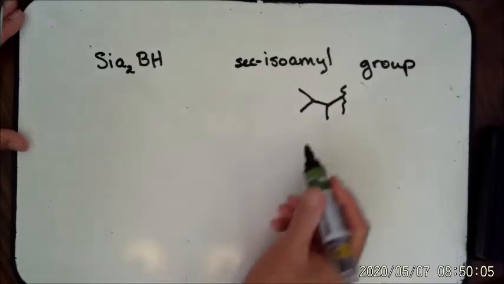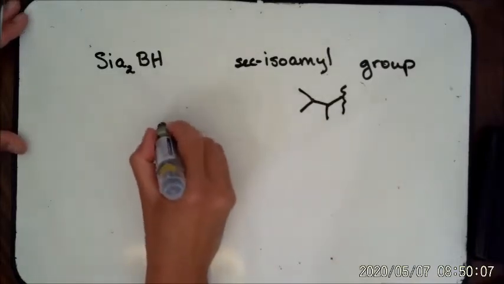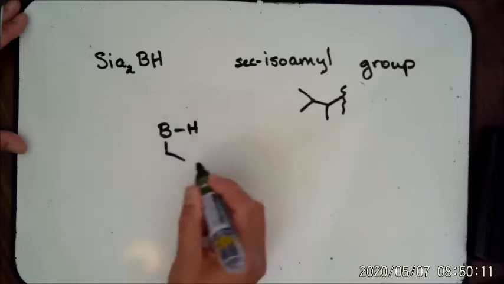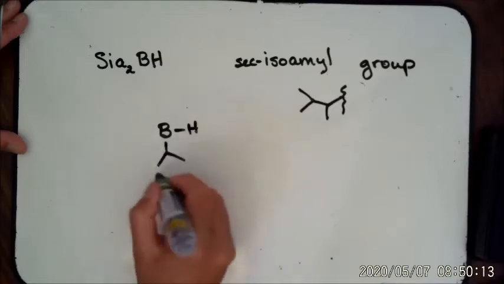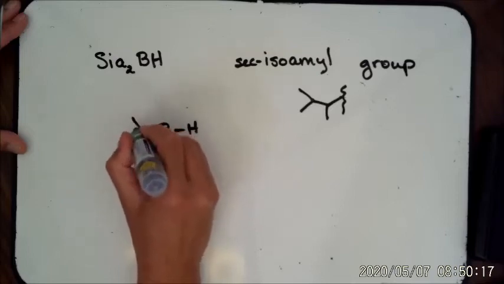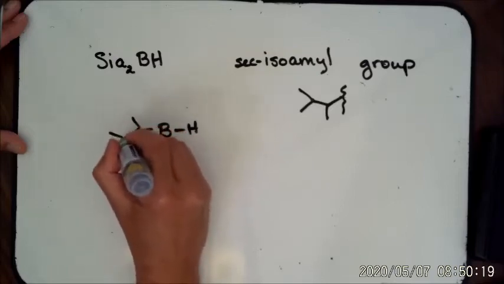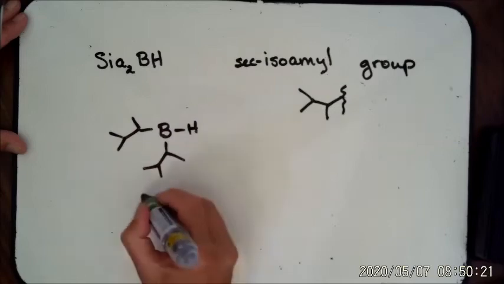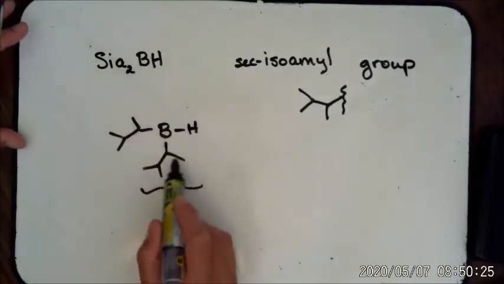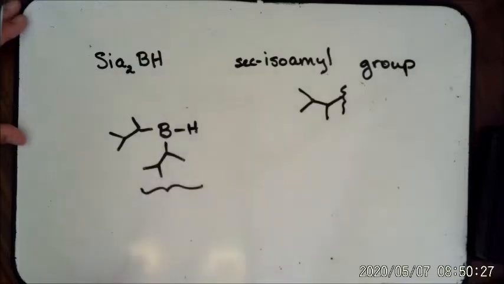So when you look at your boron, you're going to have 2 of these groups. So I have 2 sec-isoamyl groups on boron.